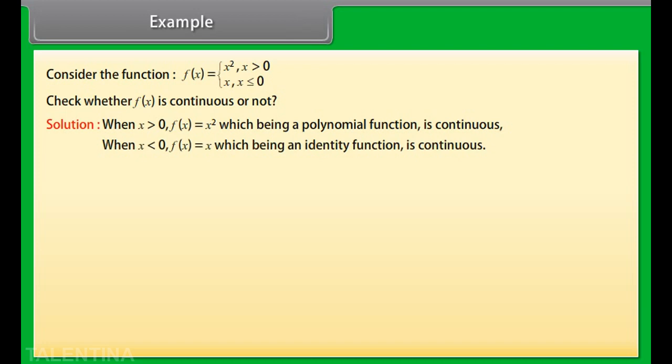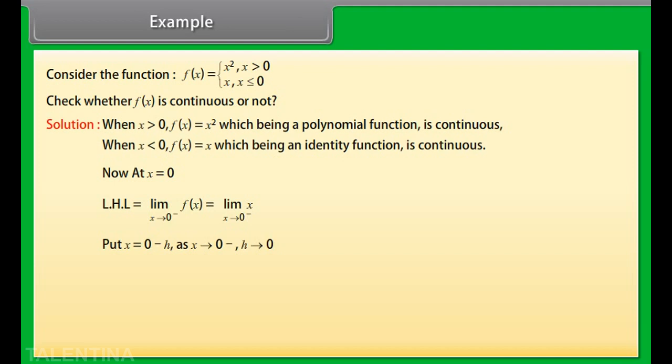When x is less than 0, f of x is equal to x, which being an identity function is continuous. Now the only doubtful point is x is equal to 0. Left-hand limit: limit x approaches 0 minus of f of x is equal to limit x approaches 0 minus of x.